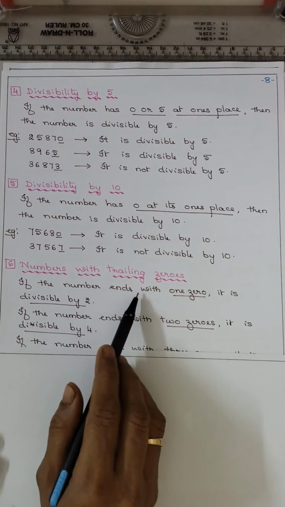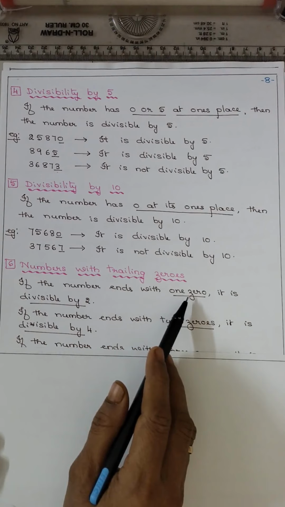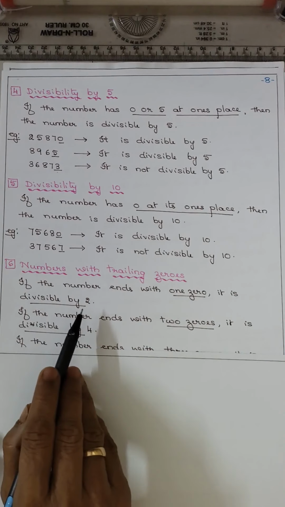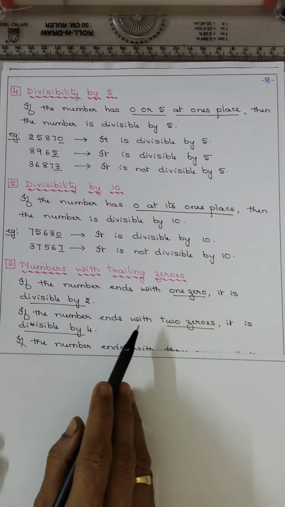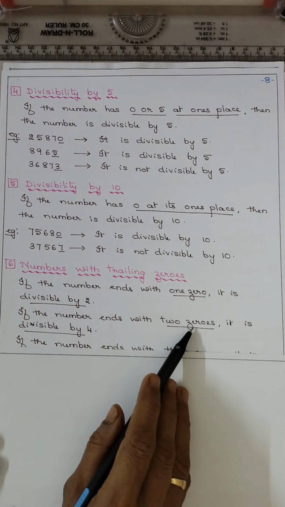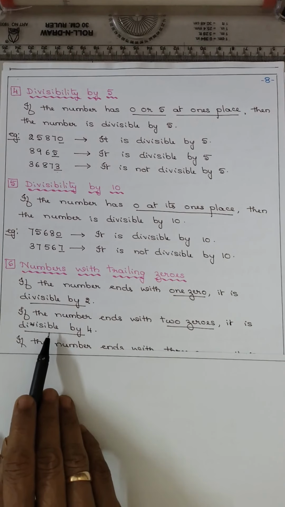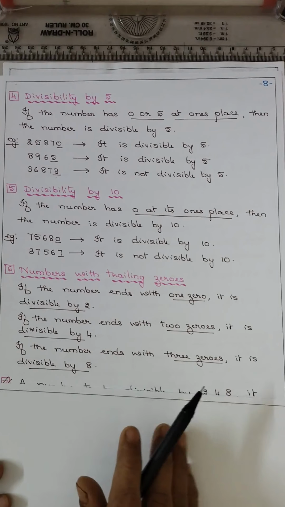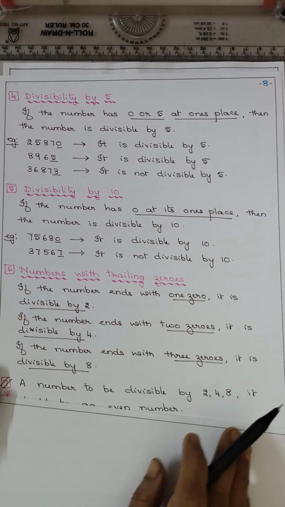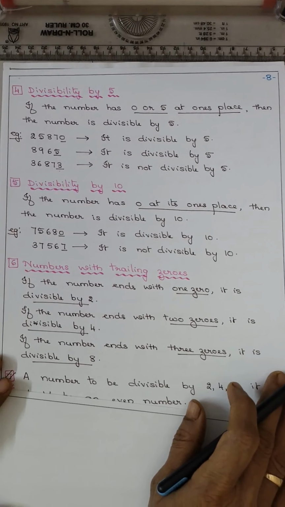If the number ends with 1 zero, it is divisible by 2. If the number is ending with 2 zeros, then it is divisible by 4. If the number ends with 3 zeros, then it is divisible by 8.